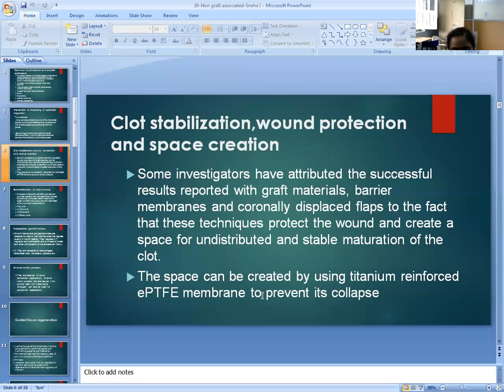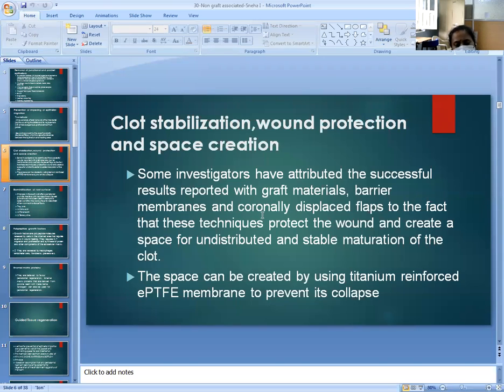Periodontal ligament cells may get differentiated into bone forming cells, osteoblasts, cementoblasts. Because of that, it helps in formation of all new structures. So space should be given to these cells, as well as wound protection and clot stabilization. All these are important aspects for this treatment.